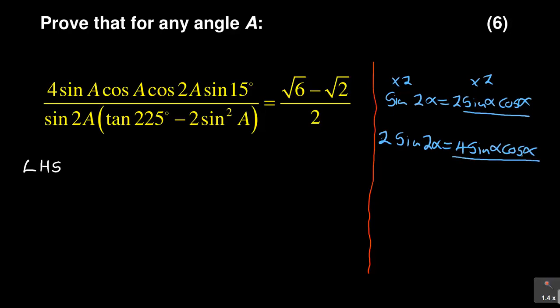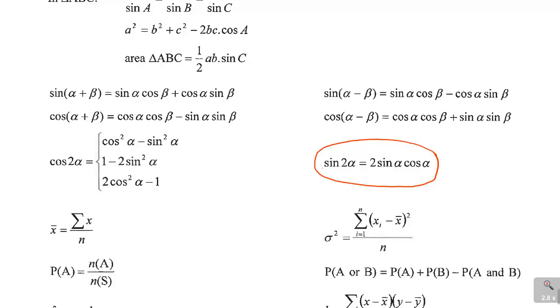Notice this 4 sine alpha cos alpha is similarly 4 sin A cos A. Where there is alpha, I can substitute with my A, based on the expansion of the identity I just showed you: if you multiply by 2 on both sides, this becomes 4 sine alpha cos alpha.